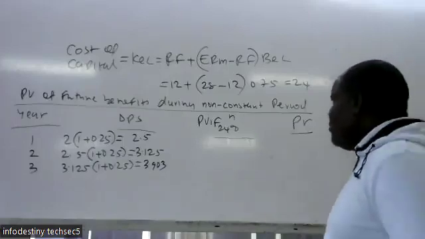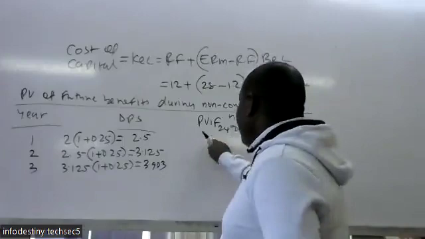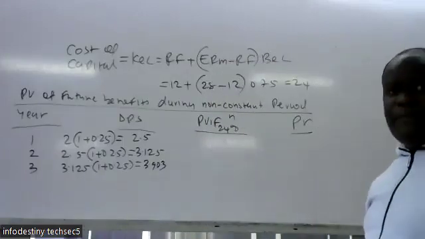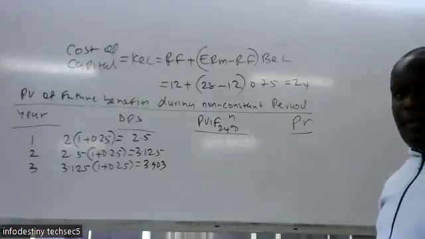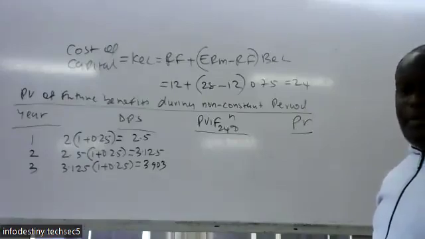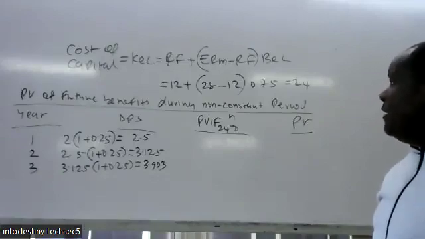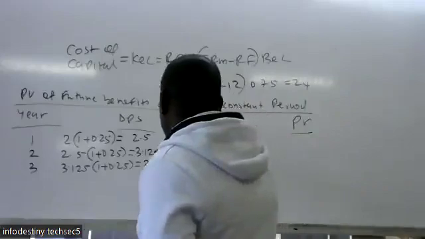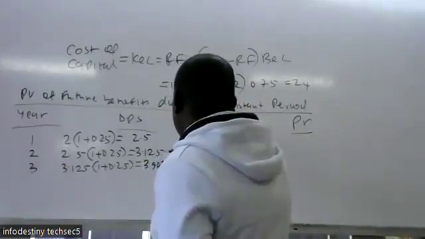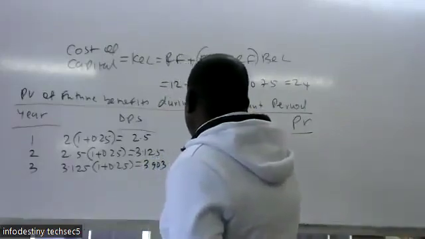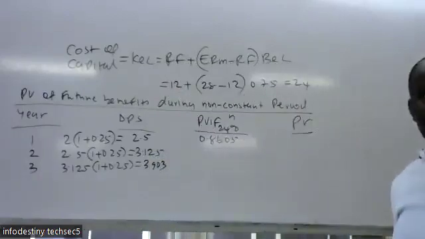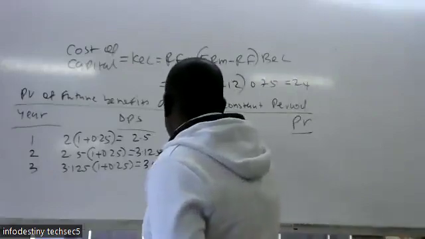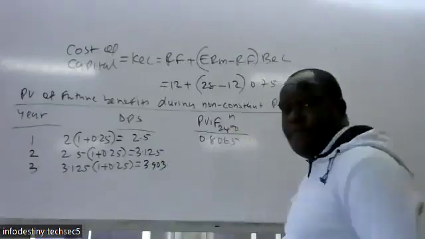So I would like you to check in the table, the single period table. What is 24% in year 1? 0.8065. Yes.